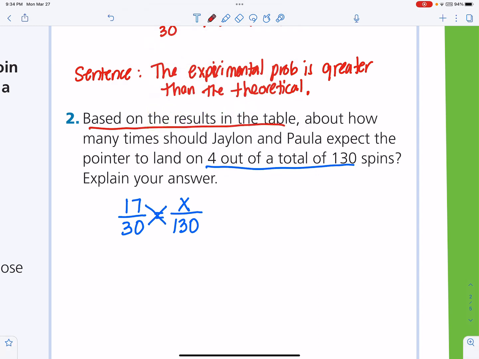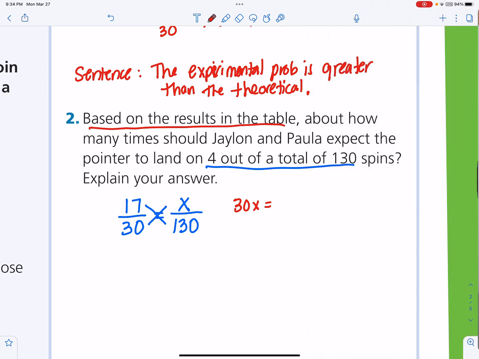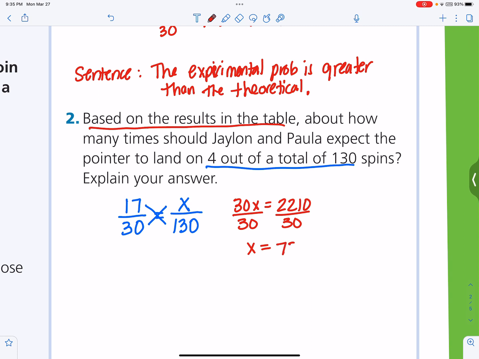So we have 30x equals 130 times 17, 2,210, divide by 30, and we get x equals 73.6 repeating.